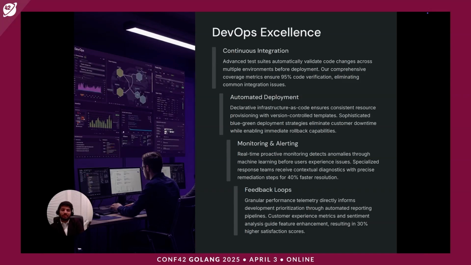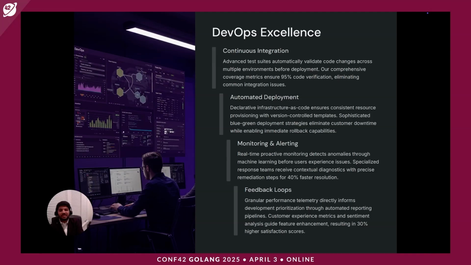Without DevOps, none of these innovations would be possible. 95% test coverage before deploying any code, ensuring zero downtime deployment using blue-green deployment strategies, and also real-time monitoring allows us to detect and resolve issues before customers even notice. The result is faster innovation, greater reliability, and happier customers.